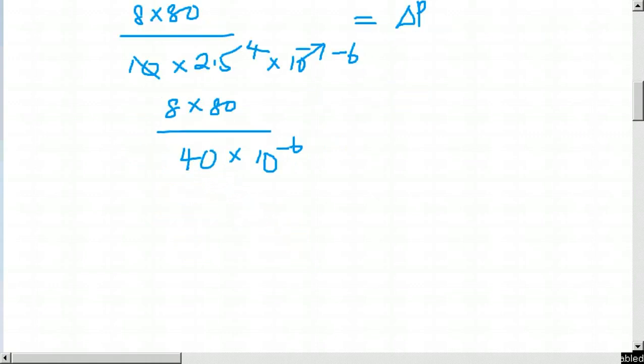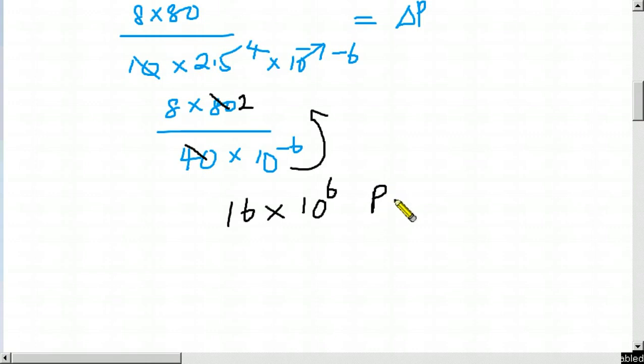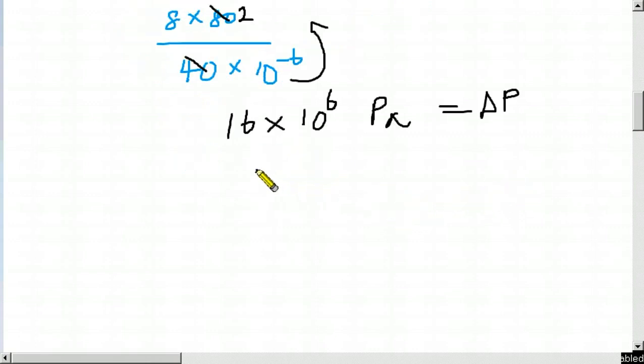Then 2 times 80, then 8 times 2 is 16. When we take this one up, then 10 power plus 4 Pascal. That is the delta P value. But they have written it in scientific notation, so 1.6 times 10 power 7 Pascal. That is the delta P.